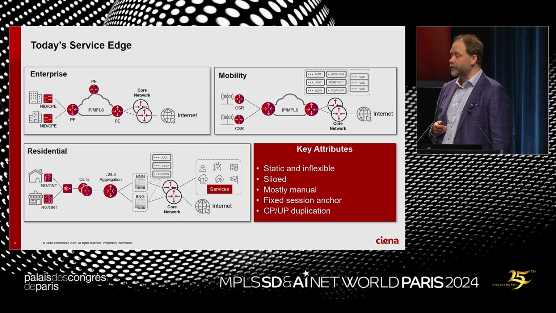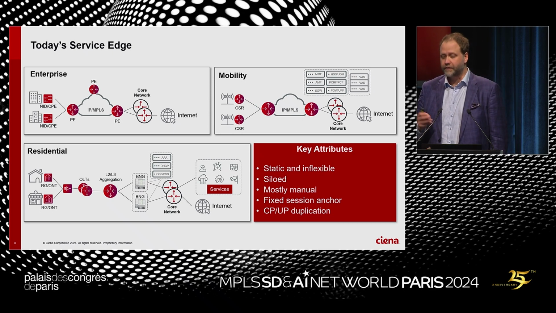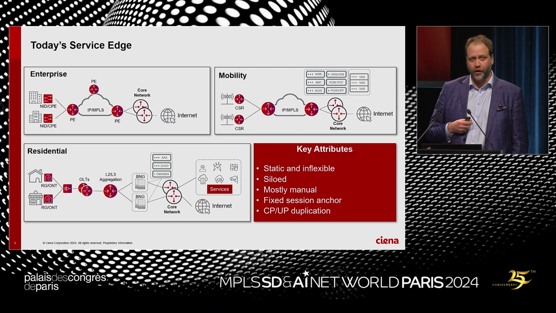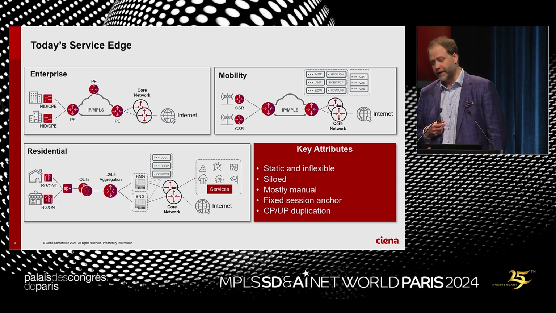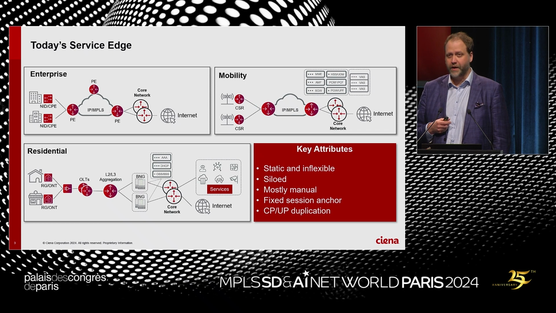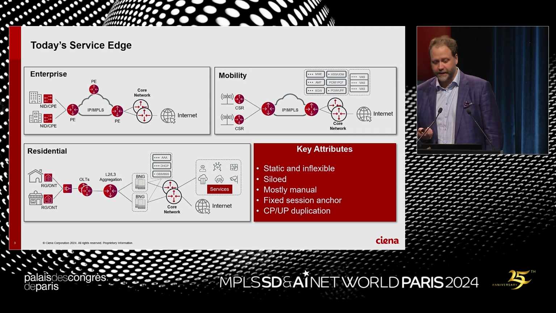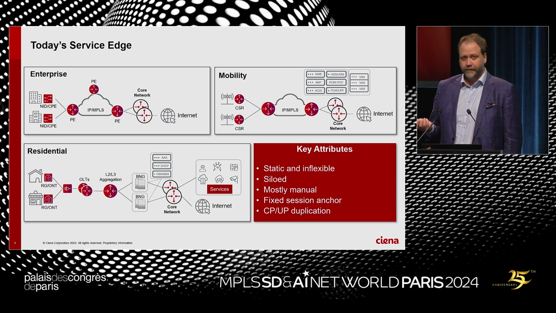And then on the bottom, when you look at the residential side, this is again potentially using a similar metro IP MPLS network, but the aggregation part of the network, the fiber access network, the subscriber termination point, all of the infrastructure on the back end to do subscriber authentication and policy, all those things are different, right?